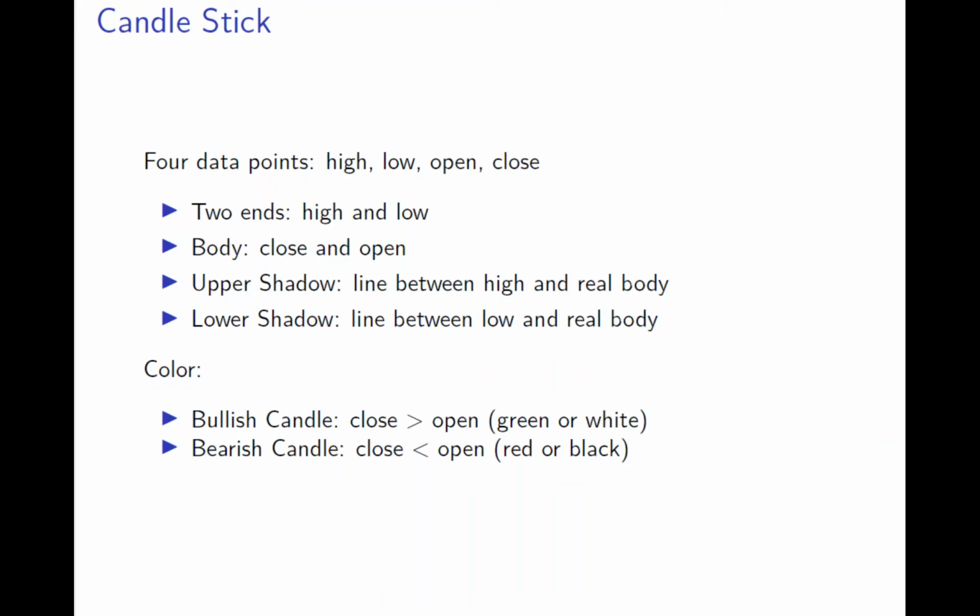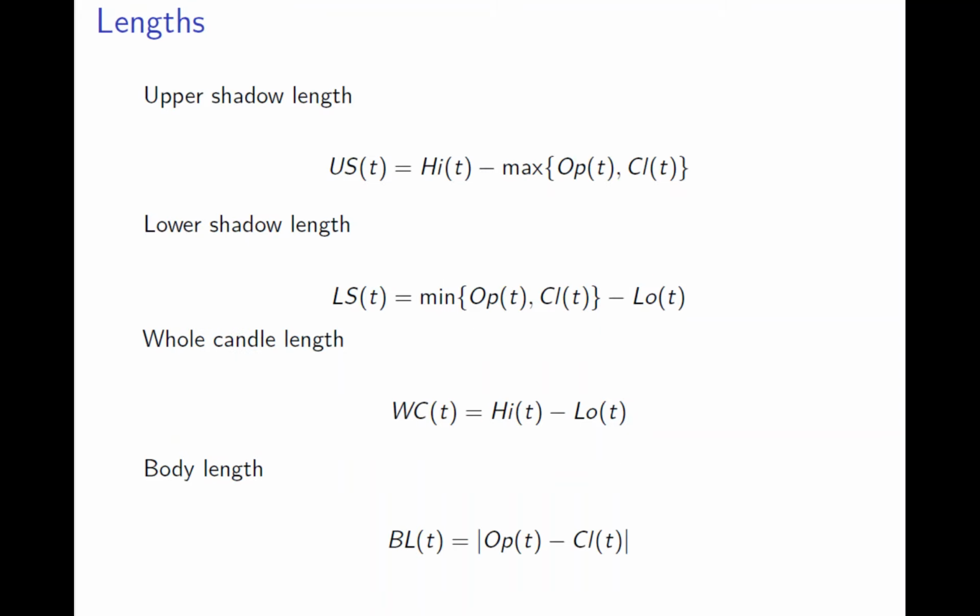Now the next part is more technical. We have some formulas. Upper shadow length, I define US, will be high minus the maximum of open and close. Lower shadow length is the minimum of open and close minus low. It's just the lower stick and upper stick.